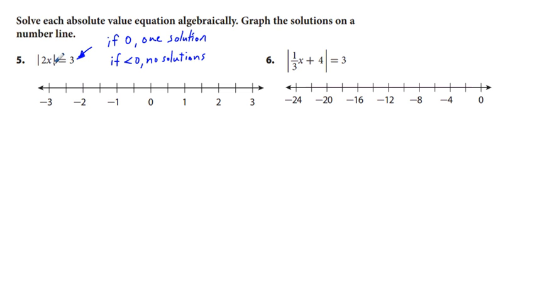Okay, so the absolute value of 2x equals 3. So what that does, we have two possibilities. We have either 2x is equal to 3, or 2x is equal to negative 3. And if we solve this one dividing by 2, we get x is equal to 3 over 2, or divided by 2, x is equal to negative 3 over 2.